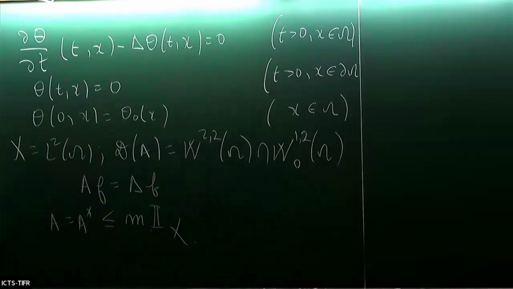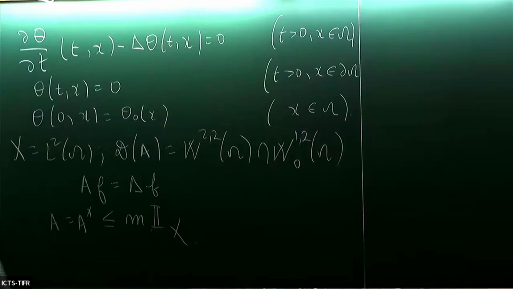So A minus M identity should be negative. Because otherwise you can imagine a spectrum which goes to plus infinity, with real eigenvalues, which will never work. So please excuse this error.